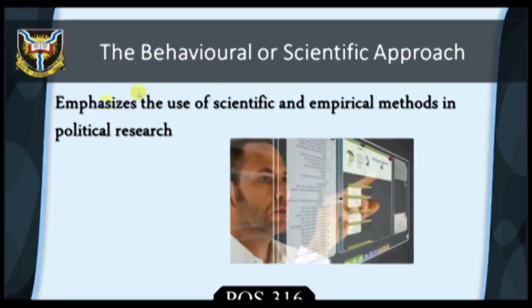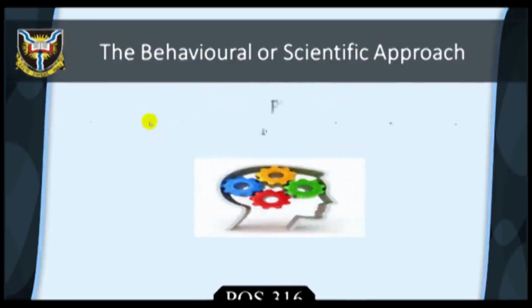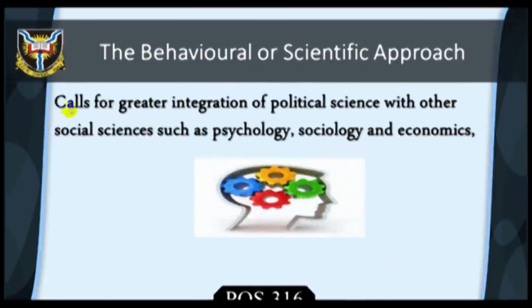By doing so, the behavioral approach not only emphasizes facts over values, but also argues that it is the behavior of individuals in political institutions rather than the institutions themselves that is the essence of politics. The behavioralists therefore emphasize the use of scientific and empirical method in political research, and in fact believe that political science could become as sophisticated and rigorous as the natural and physical sciences.